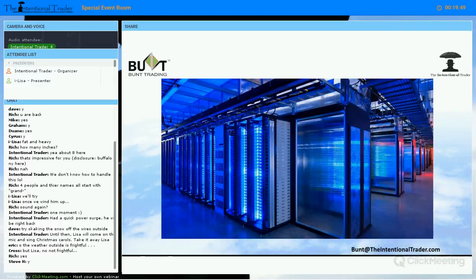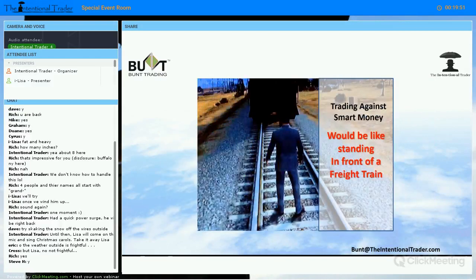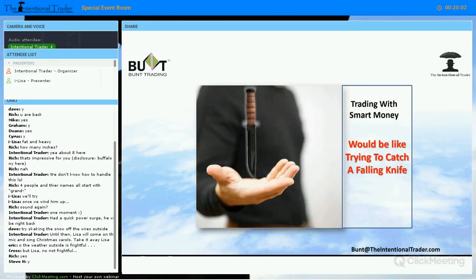So if you try to jump in with the smart money, you're basically jumping in front of a freight train, because you can't stop them. You can't try to follow them. You're going to get smashed no matter what, either way you go.